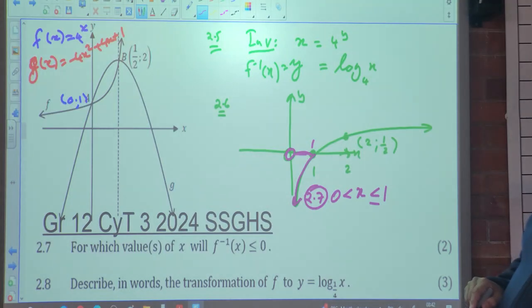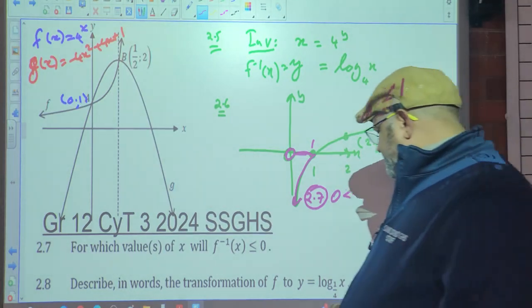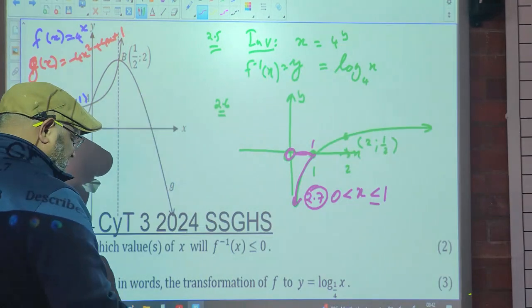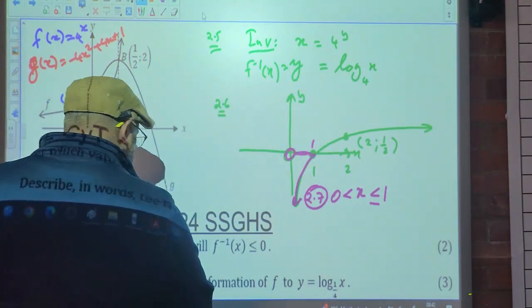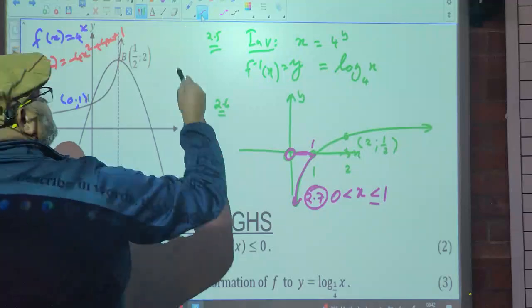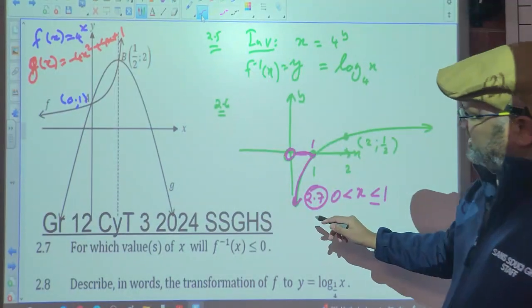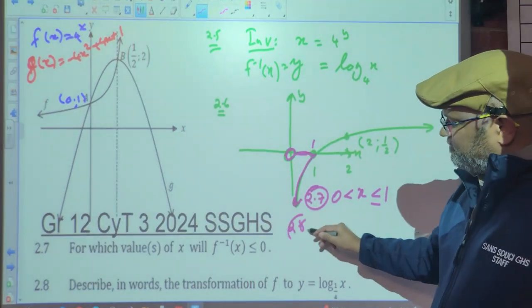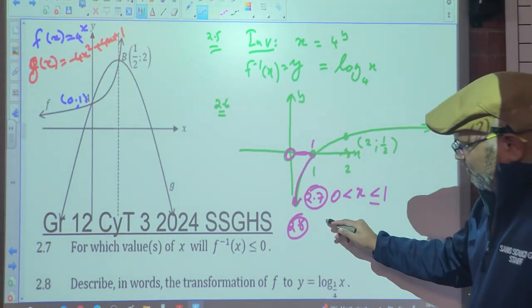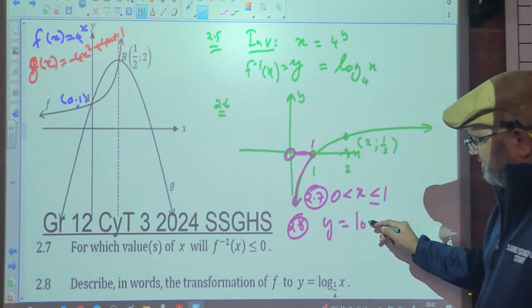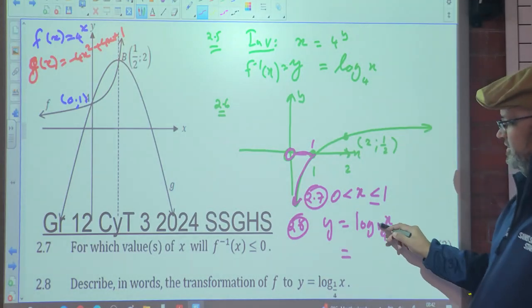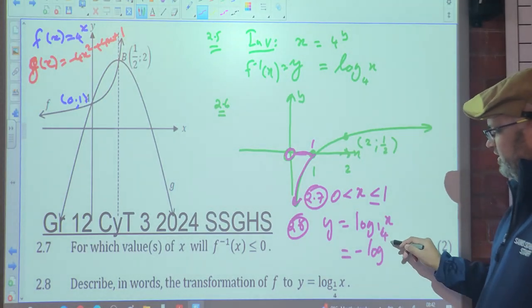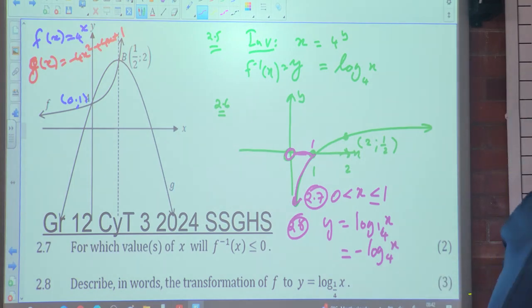Then describe in words the transformation of f to log x base a quarter. I always indicated to you guys and stressed that in 2.8, y is equal to log x base a quarter can be written as negative log x base 4.